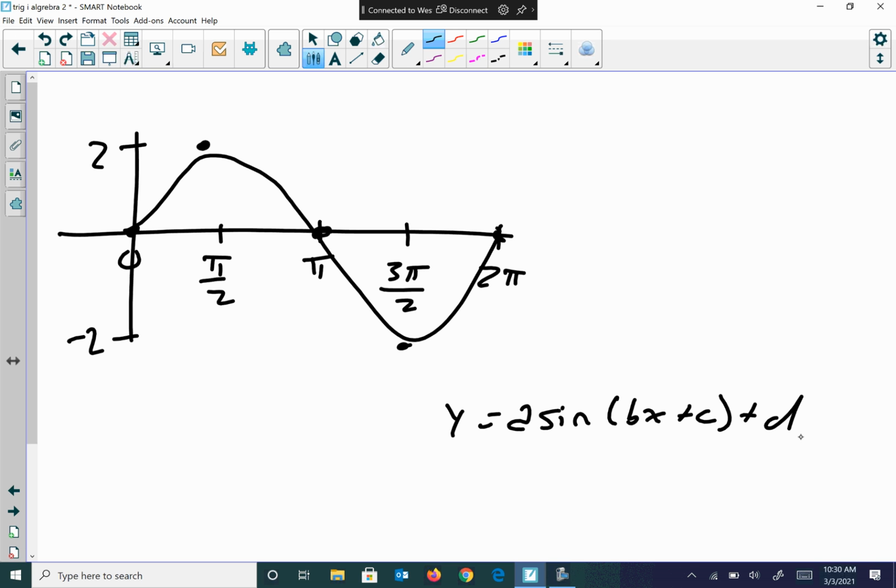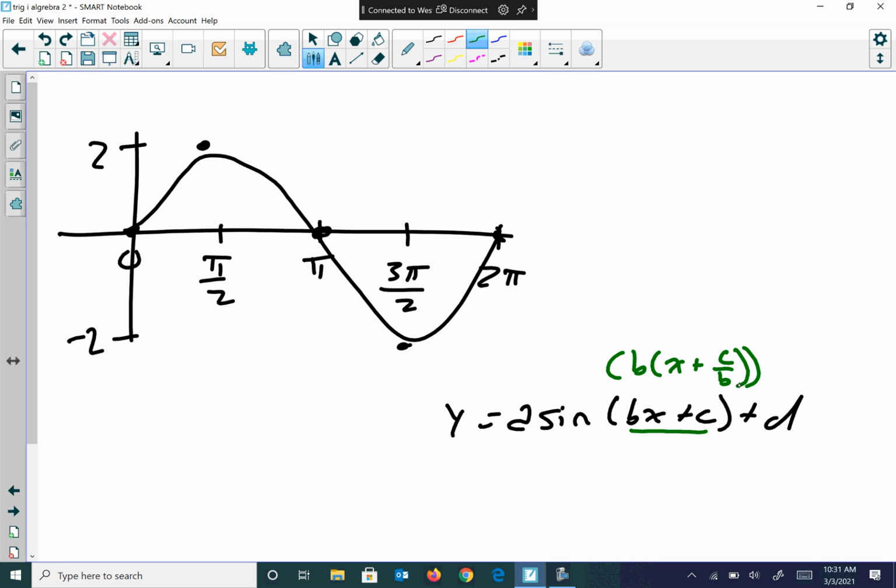Okay, there you go. So first thing I'm going to show is, if you have something like this, it's good that you understand that that's the same thing as bx plus c over b, where you factored out the b.